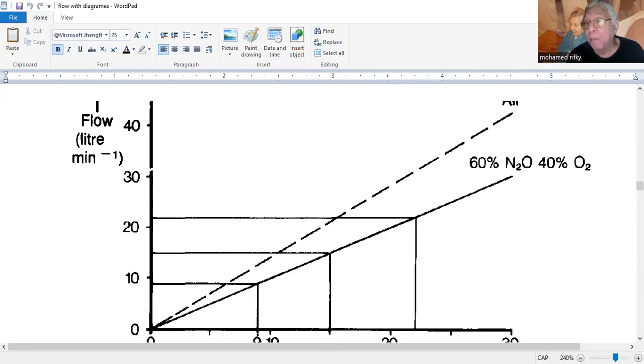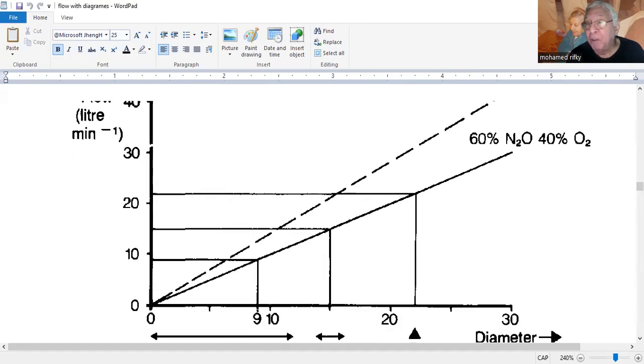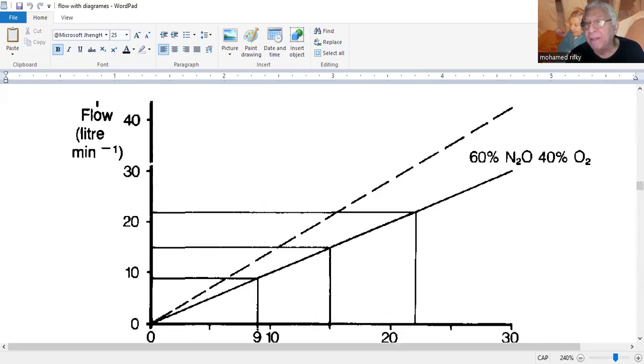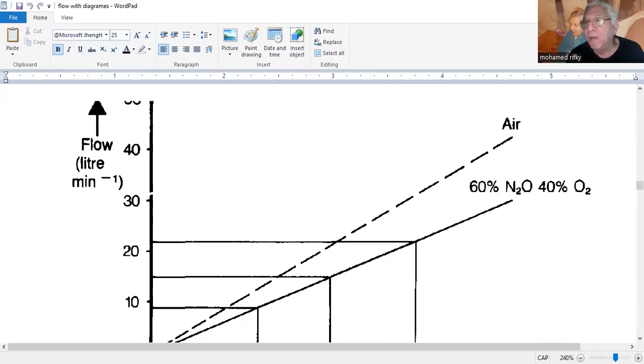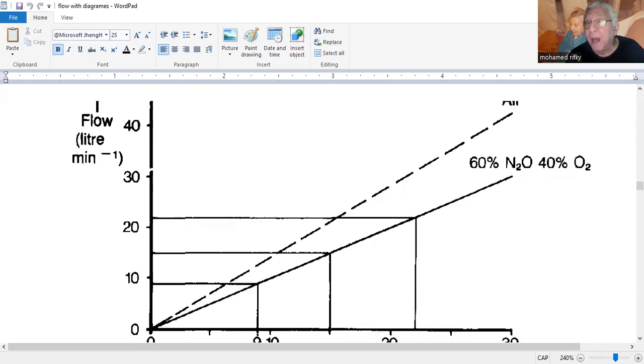On the other hand, for the combination of both of them, nitrous oxide and oxygen, if you extend downward, you will find that you ought to have less than 30 to assure a non-turbulent flow in a 30 millimeter diameter. This is the explanation of the figure of both of them. Of course, whenever I use carbon dioxide and humidity in expired air, this also decreases the density and increases the critical velocity.